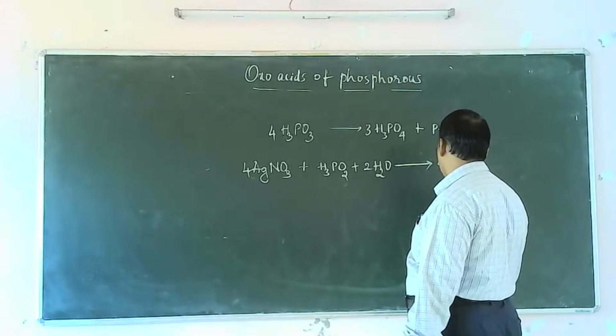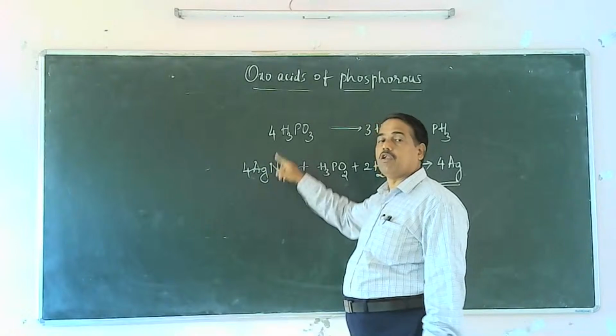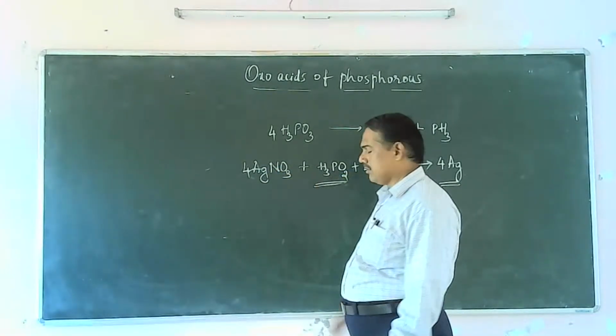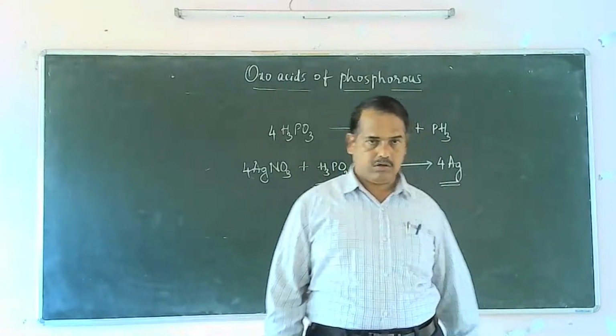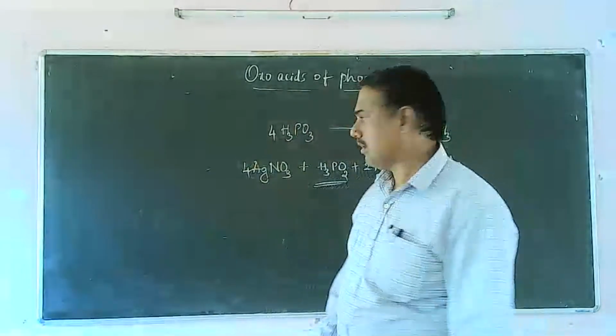So silver nitrate is reduced to metallic silver. By what? By this hypophosphorous acid. Are you clear?